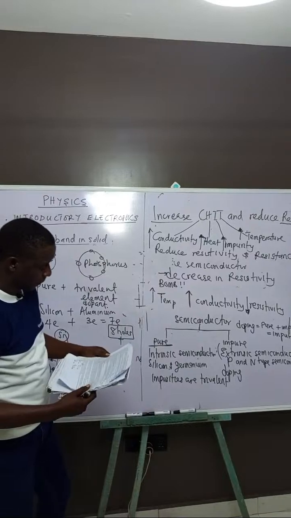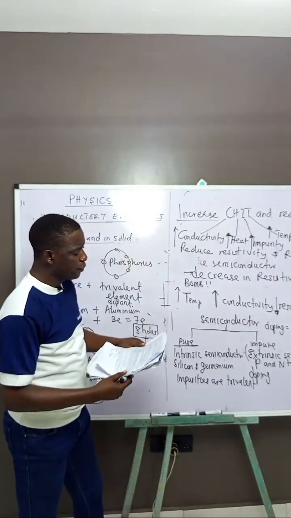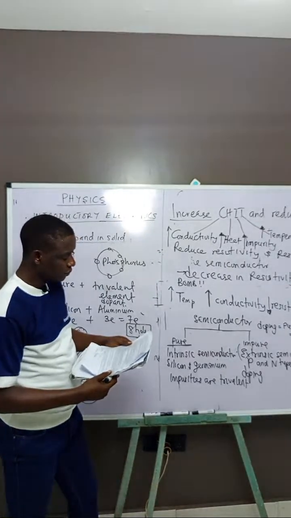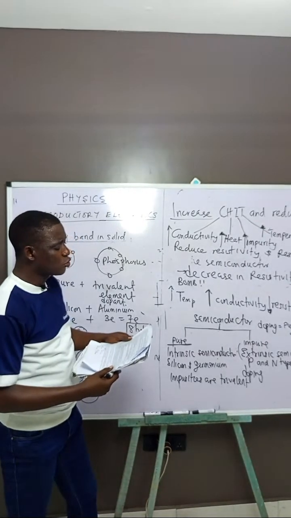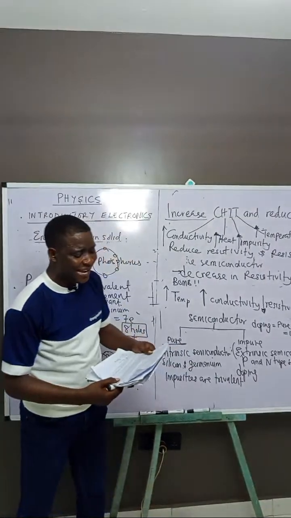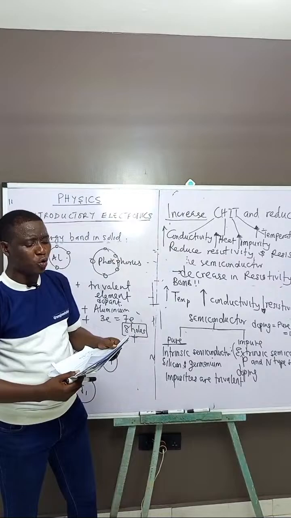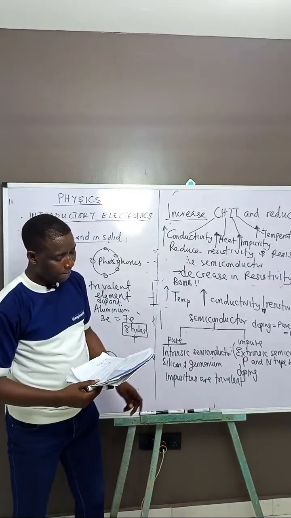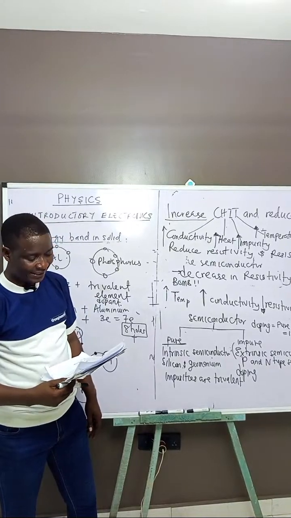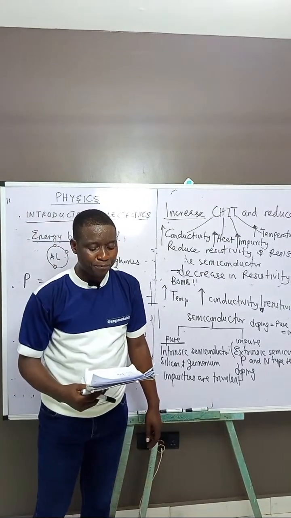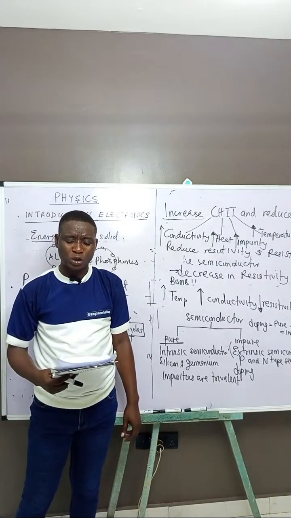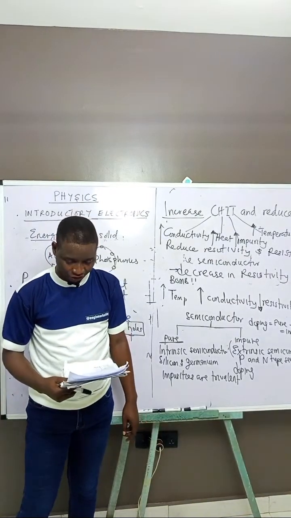Look at this question now. In a pure semiconductor, okay, we have answered that one. Pure silicon can be converted to a p-type material by adding a controlled amount of dash.